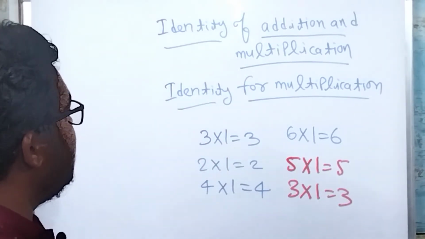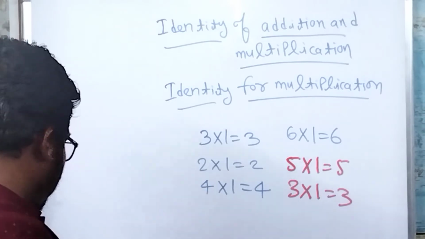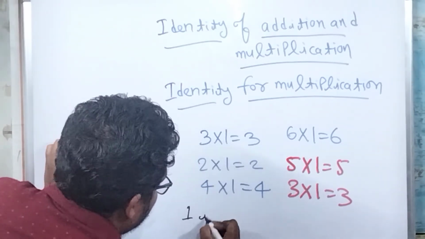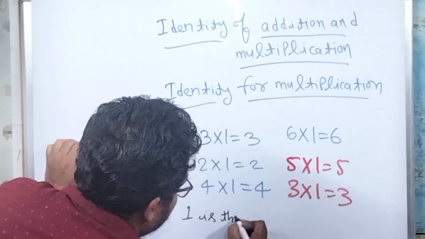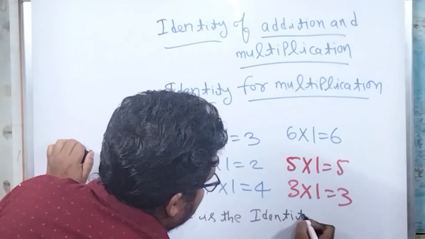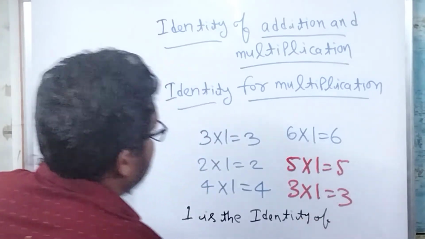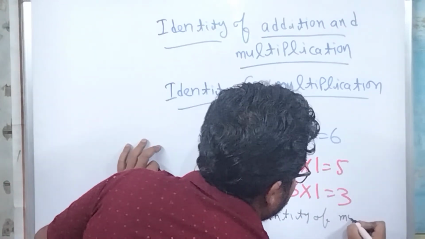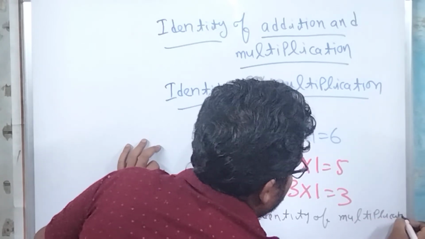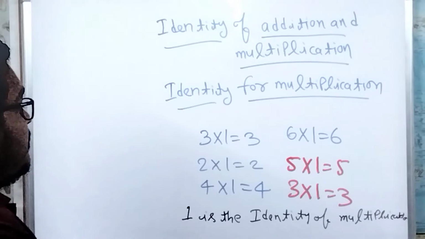Friends, here we see that 1 is the identity of multiplication.